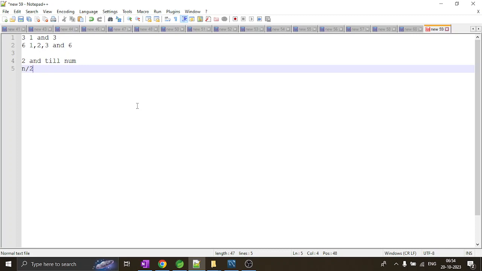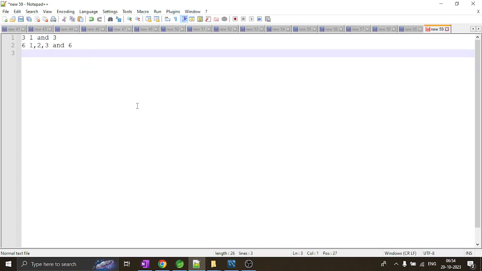If we get 0, then 2 completely divides it and we won't get any remainder. So that is the logic we are going to try. For the next iteration, we'll divide by 3 and check if we get any remainder. If the remainder is 0, then it is not a prime number, because the iteration number, like 3 or 4 or whatever, is completely dividing the number that we have inputted here, right?